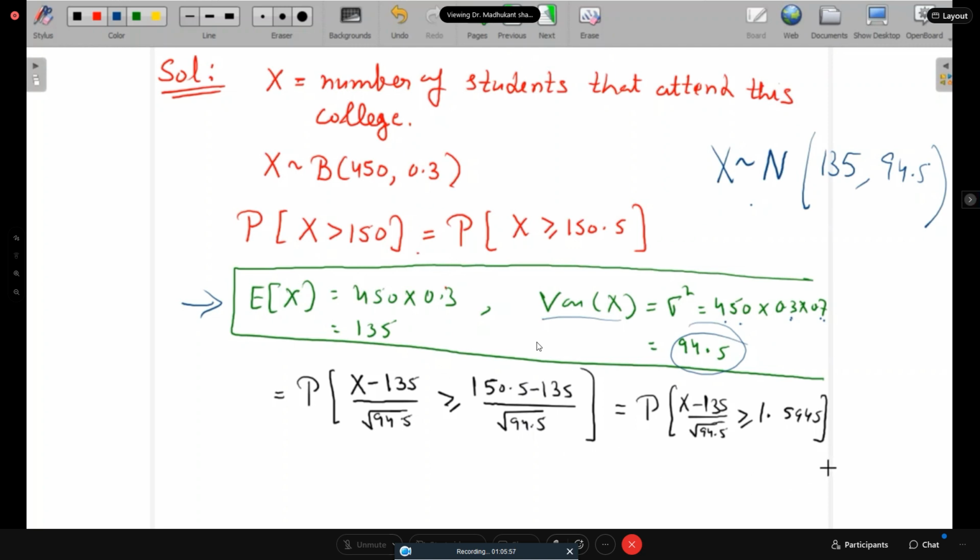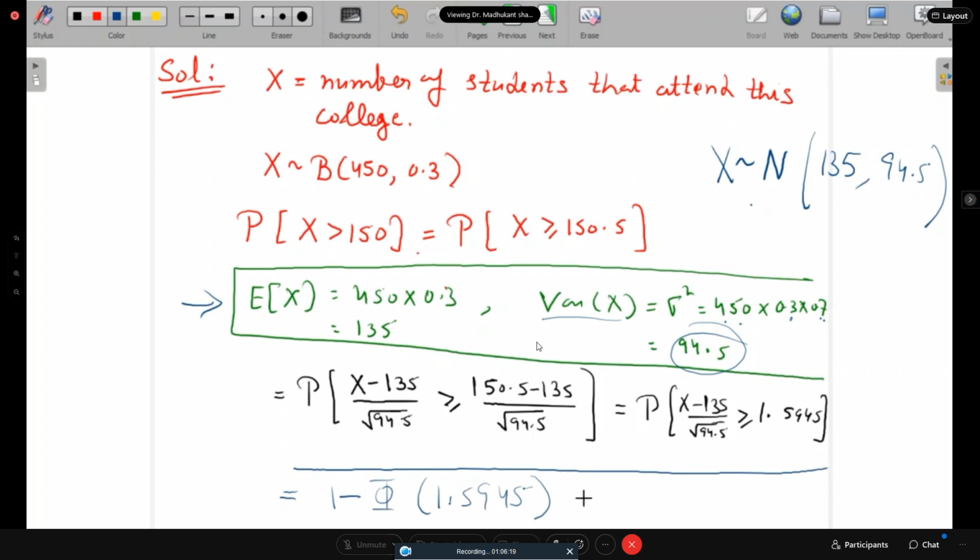So you have the probability of Z greater than or equal to this, which is 1 minus phi of 1.5945, almost 1.6.